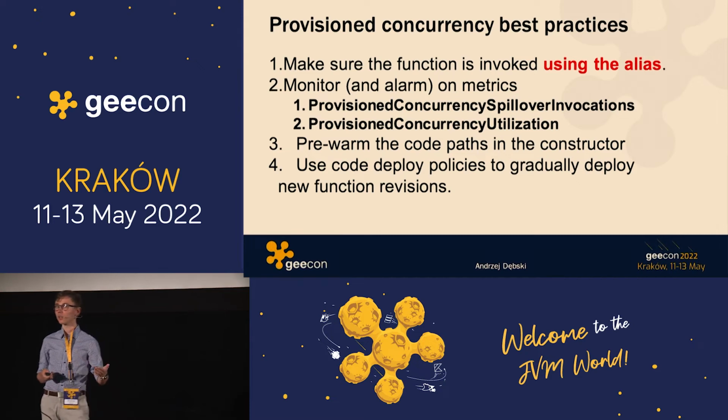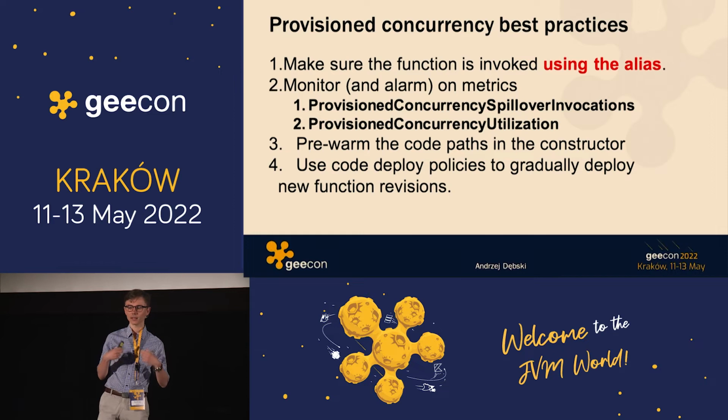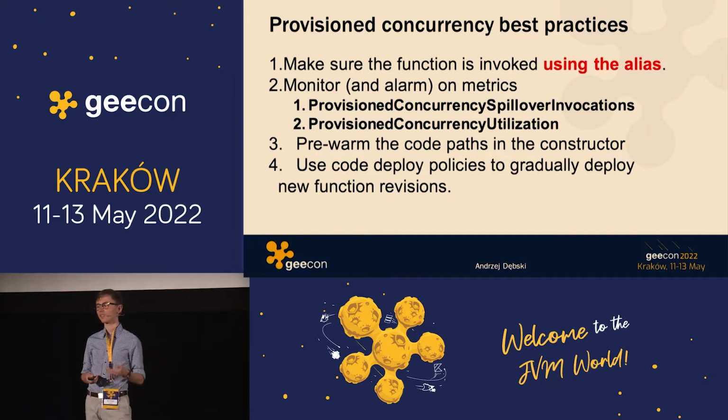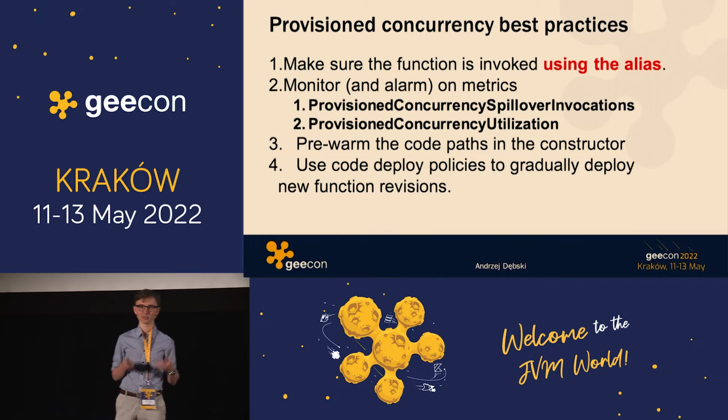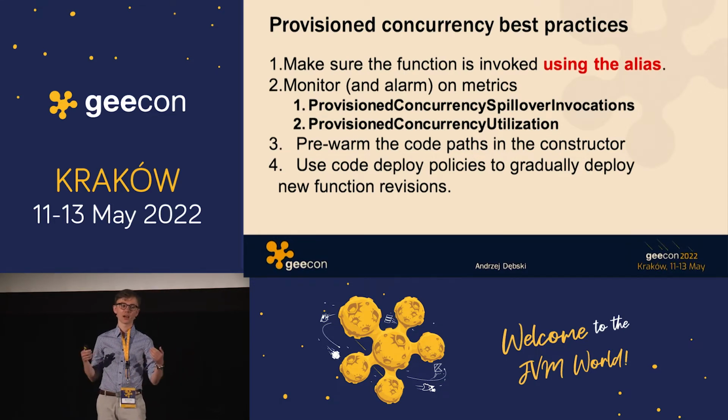So even if you enable provisioned concurrency, if you don't update your clients and the code through which they call your function, the provisioned concurrency won't be used. I've seen it a couple of times where people forgot about this small detail. They enabled the provisioned concurrency, they paid for it, but it wasn't really used because the function was still being invoked through a name.